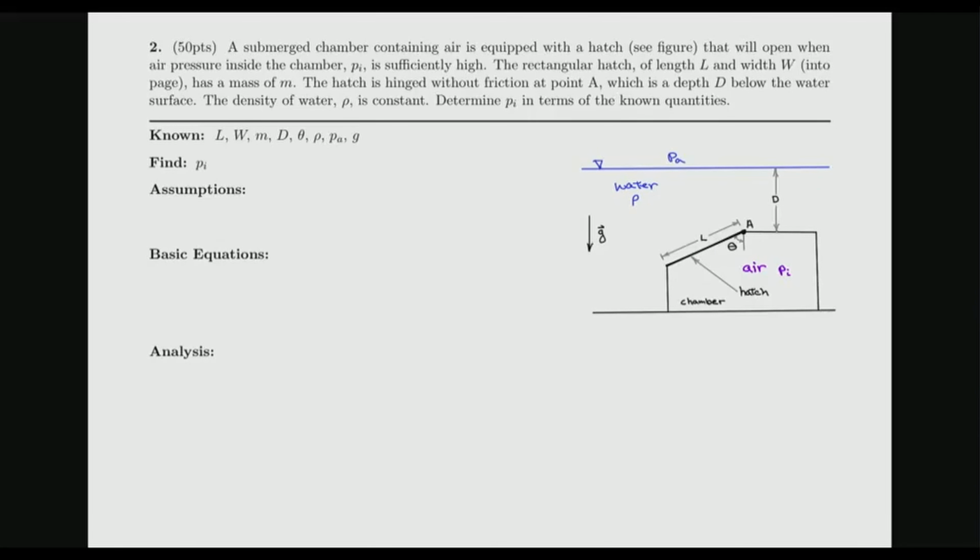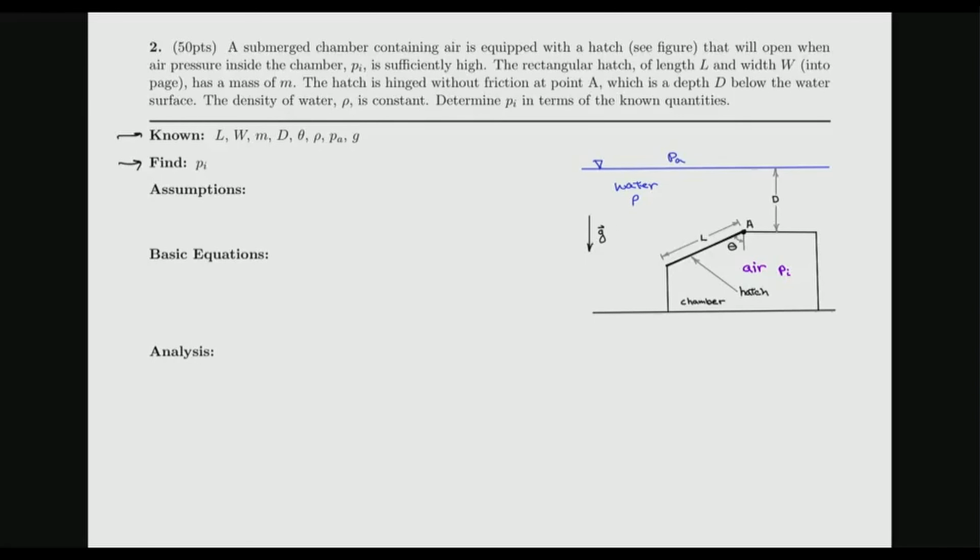Basically, you're going to want to sum moments, and the hinge is the convenient location to sum moments. Now, let's just go through step by step. So we first have one of the assumptions. I indicated the known, and then what we need to determine.